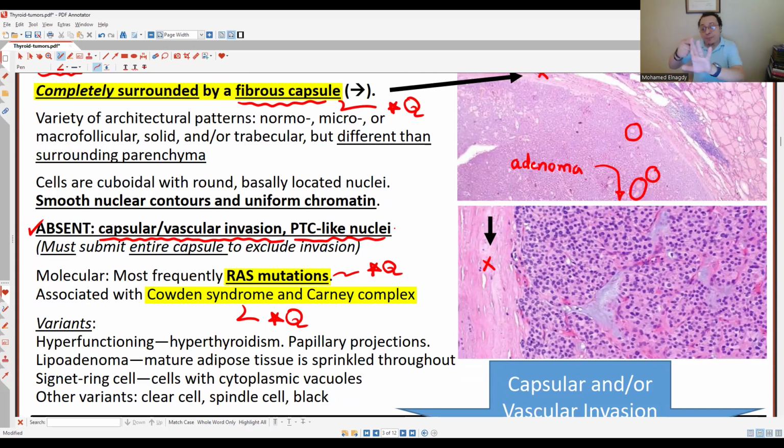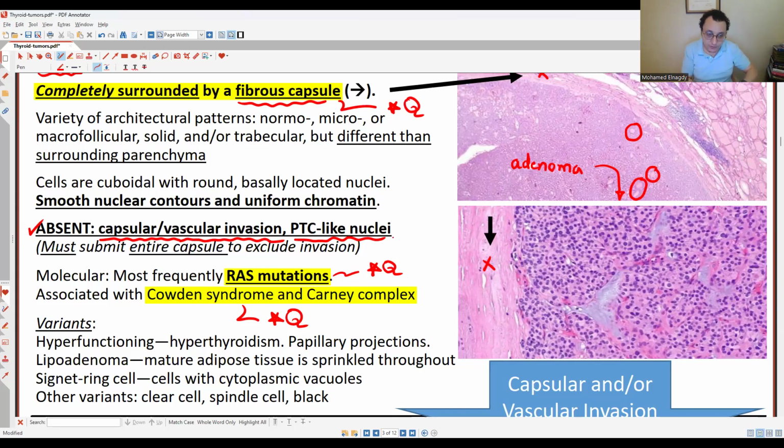So absent papillary nuclear features, absent capsular invasion and absent vascular invasion, with proliferation of follicular cells to the point that you're seeing microfollicles with a little bit of colloid in between. And you can see a clear, distinct boundary between the adenoma tissue and the normal thyroid tissue on the other side, with a capsule in between.